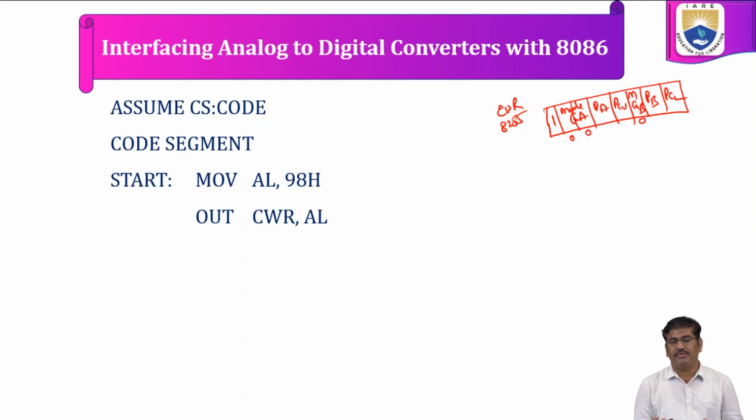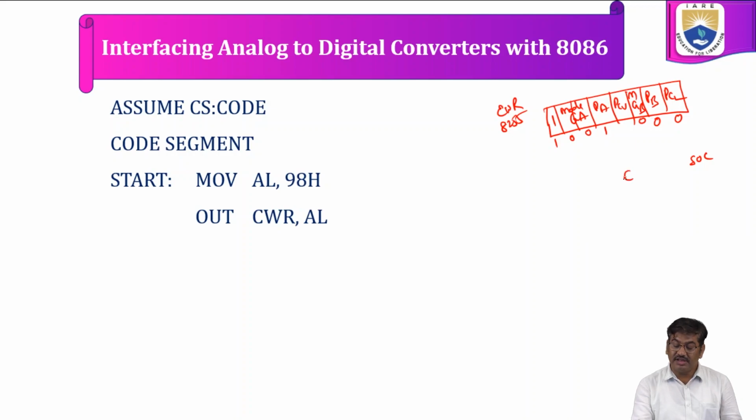Port A, which we use for reading the data, we connect in input mode for the 8086 processor, so we configure it as 1. Next, port C lower, which gives the SOC signal, is an output signal, so we write it as 0. Port B is the select line, so the 8086 processor will send the data for selection of the input, so port B is also an output port.